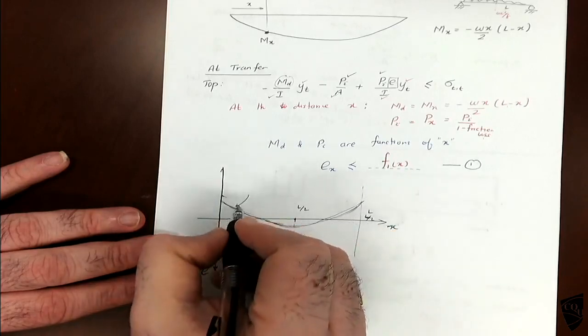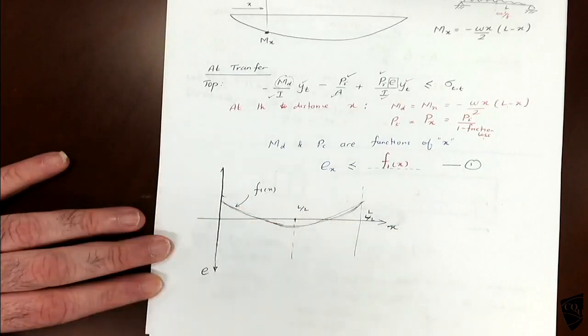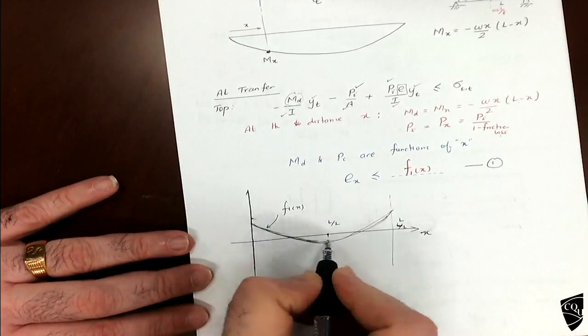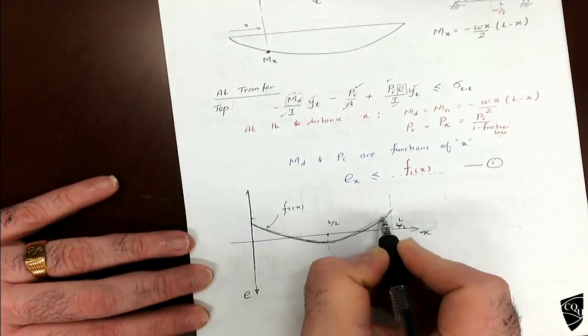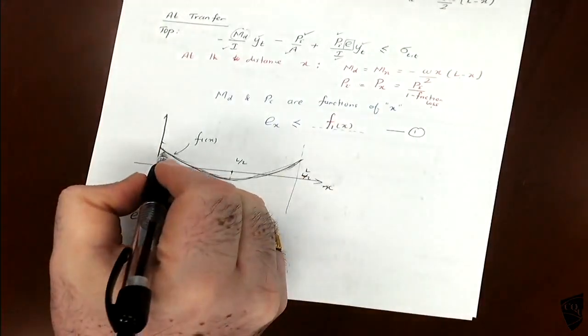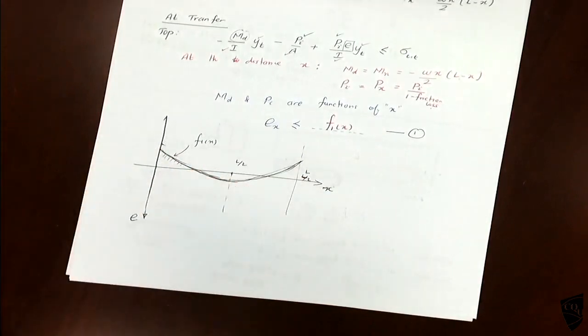This is the f1 function, and you will find e is less than, below that line.